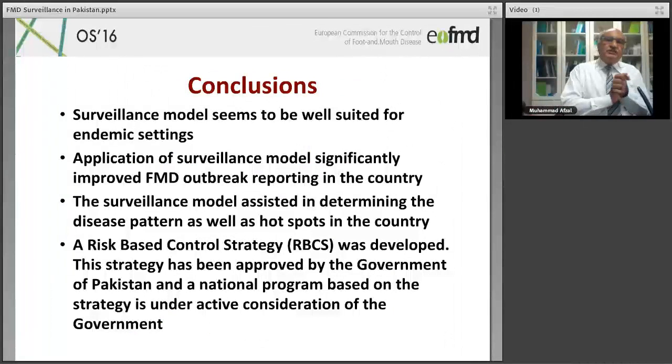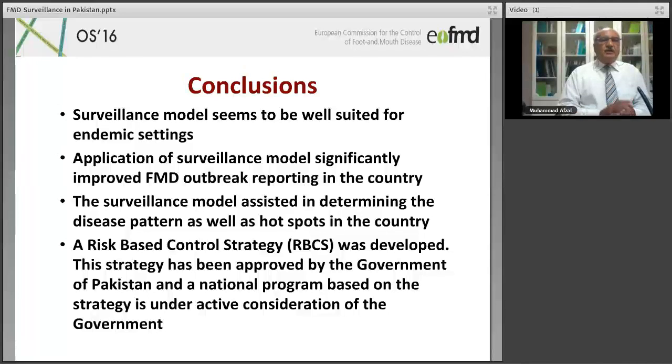Now, based upon the information that has been shared, we can say that the surveillance model was well suited for a country like Pakistan, where the disease is endemic, and the implementation of this surveillance model significantly improved the reporting of FMD outbreaks in the country.